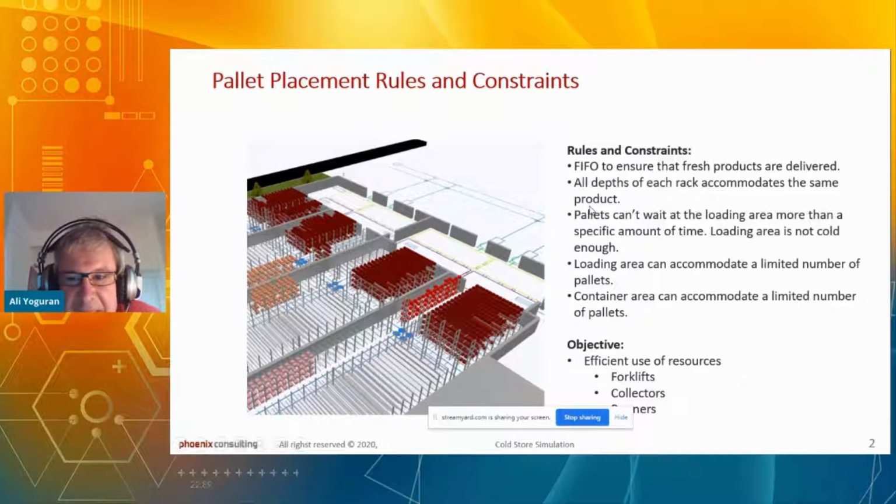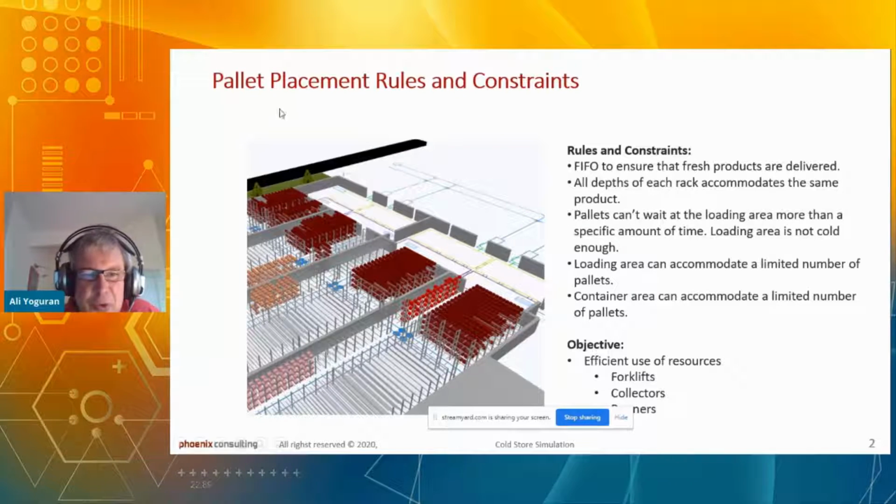So the loading has to take time, not longer than a specified number of minutes. Otherwise, the goods may get perished again here. So we have to pay attention to that as well. And of course, the loading area has a limited capacity that it can accommodate while loading and offloading the trucks.